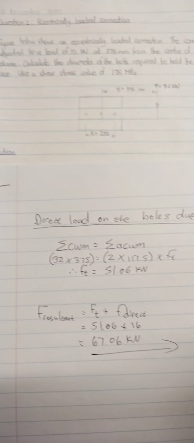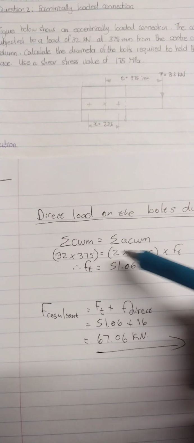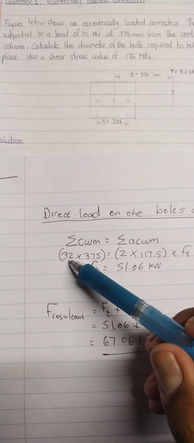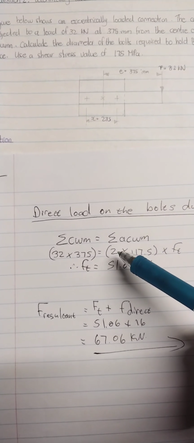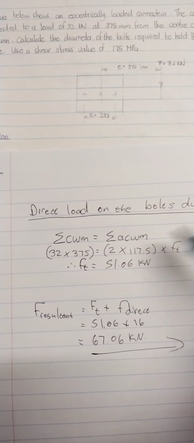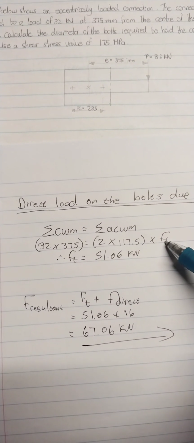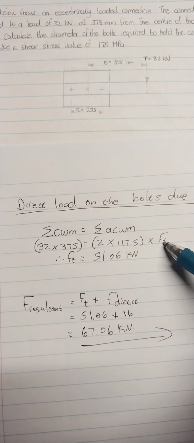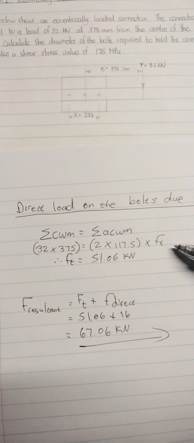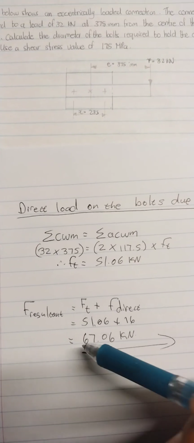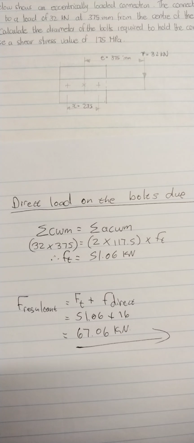So clockwise moments equals the sum of the anti-clockwise. So clockwise we got the force times the distance, and then force times distance times our ft as a subject of the formula. We'll see why it's a subject when we come to the resultant here at the bottom.